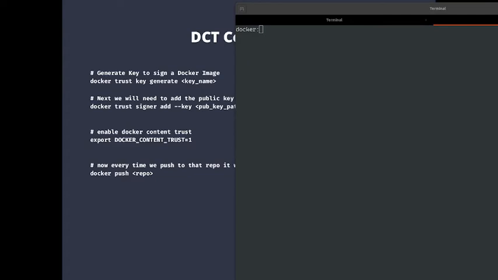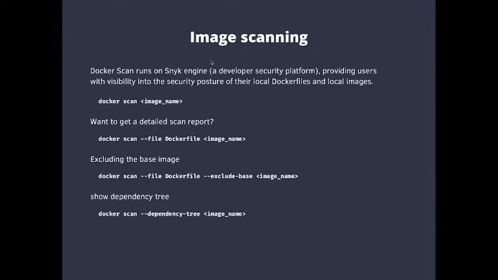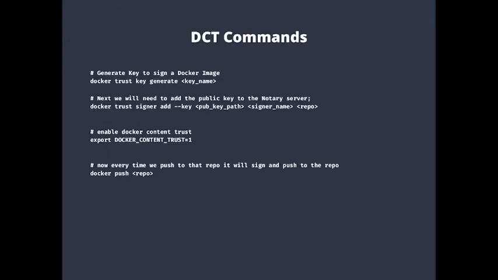Now we need to add the signer to this repository. So we have the public key. Now we need to add that to the notary server. As I said, Docker Hub already has a notary server running.